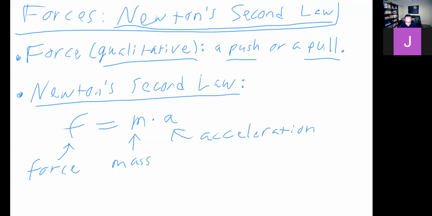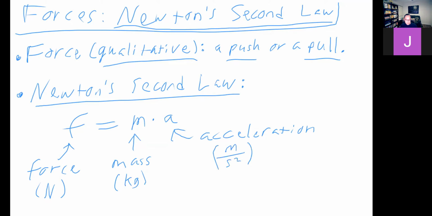The standard unit, the base unit for force, is N, that's newtons. Mass for this calculation is in kilograms, so lowercase kg, and acceleration is in meters per second squared.